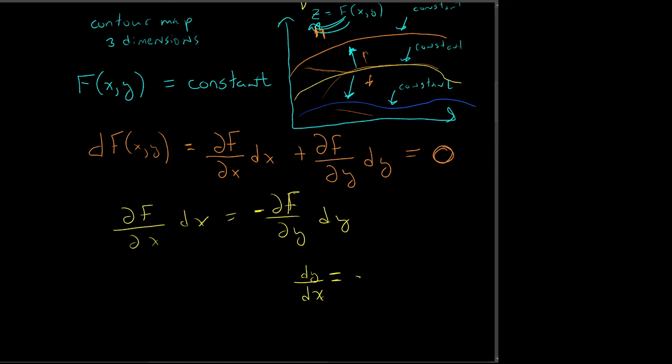And so I'm going to get a negative, because the negative sign is going to come with this. So this is going to go over here, and that's going to give me this. And then this is going to divide over here, and I'm going to get my negative sign, and I'm going to get a partial of my function with respect to x divided by a partial of my function with respect to y.